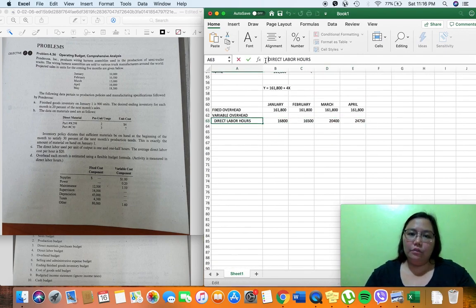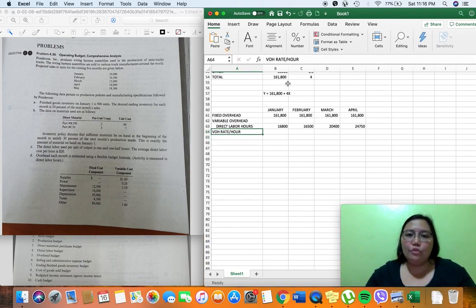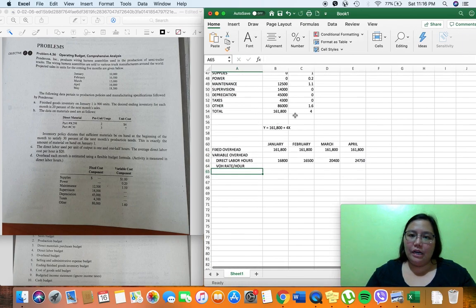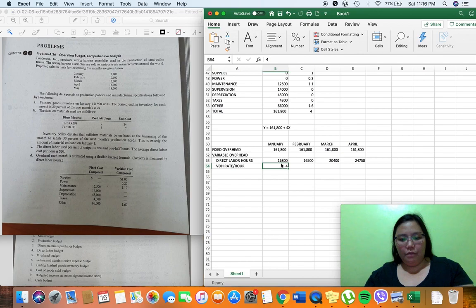So what are we going to do next? Of course, we have to multiply this by the variable overhead rate per hour. As per our cost formula here, we have 4. So multiply everything by 4.